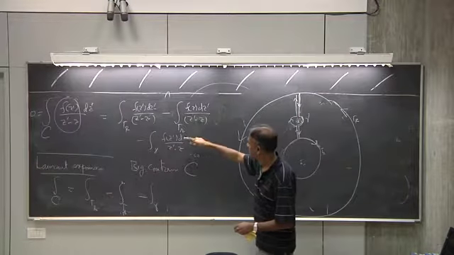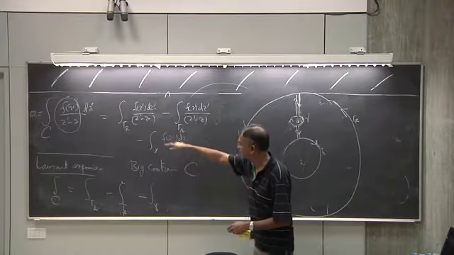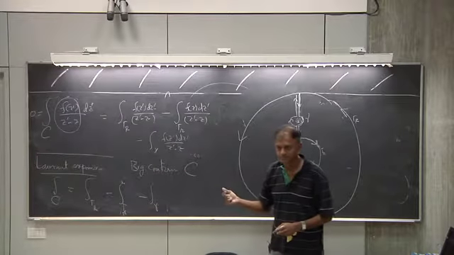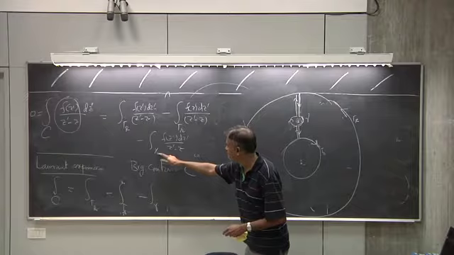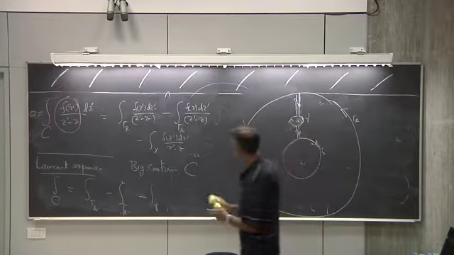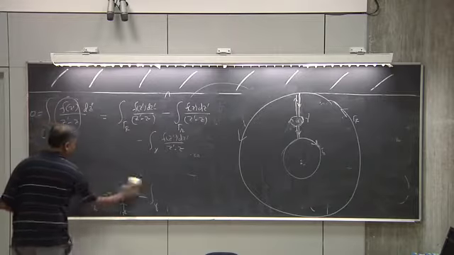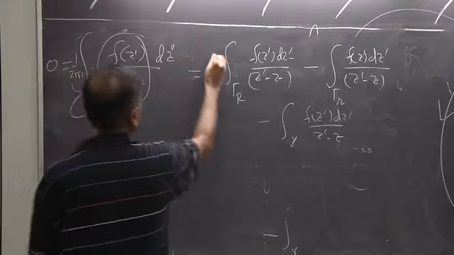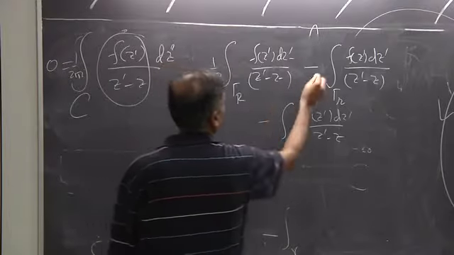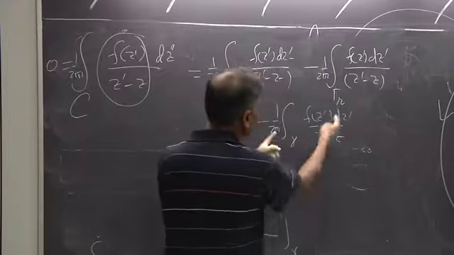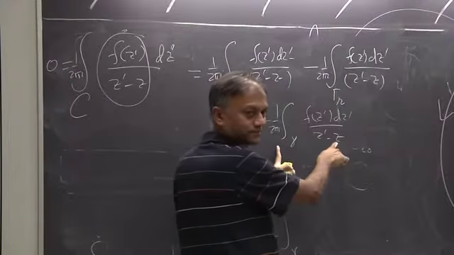So this integral, 1 over 2 pi i of this, is equal to f of z, because this little gamma is a small circle encircling z. So therefore we come to this conclusion. Let's divide everything by 1 over 2 pi i to make it easier. Then this is nothing else but f of z.